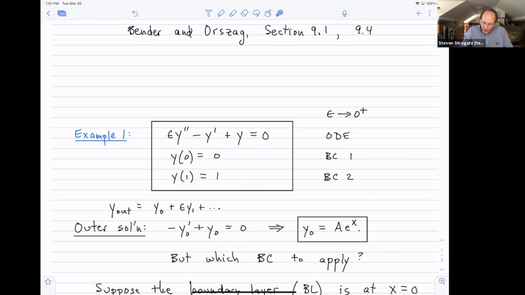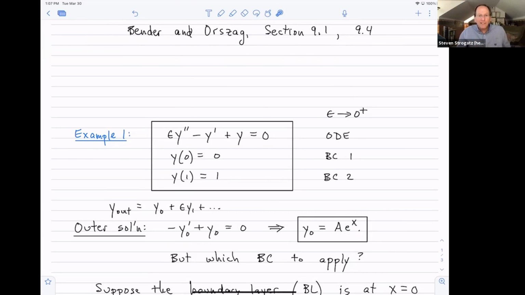So this already is sort of suggestive of the boundary layer going to be at the right side of the interval at x equals 1, so that as we move back into the interval between 1 and 0, we'll be exponentially decaying away from x equals 1. So by that kind of common sense thinking, you might figure the boundary layer will be at x equals 1.